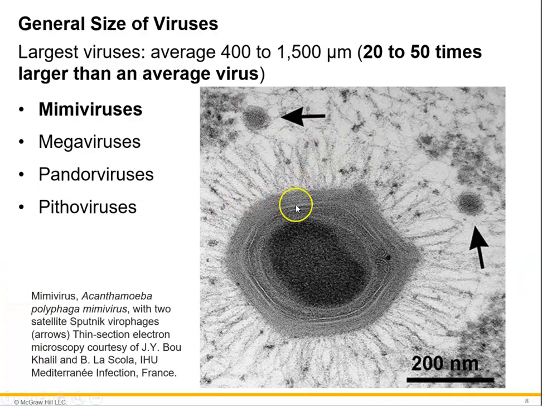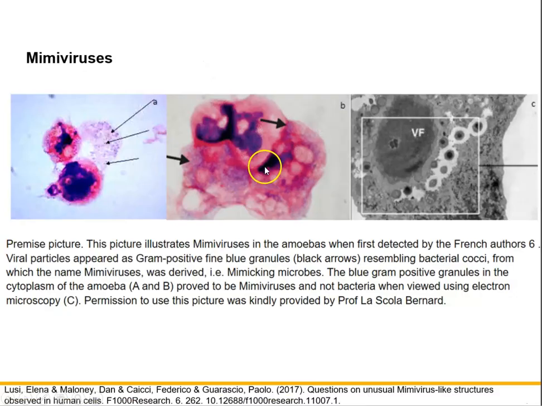The Gram stain gets caught in the capsid of the virus. And you can see that here are amoebas that are infected with mimivirus. And if you look at the amoeba, you can see these fine little purple granules. Those granules are actually viral particles, okay, that have been stained with the Gram stain.